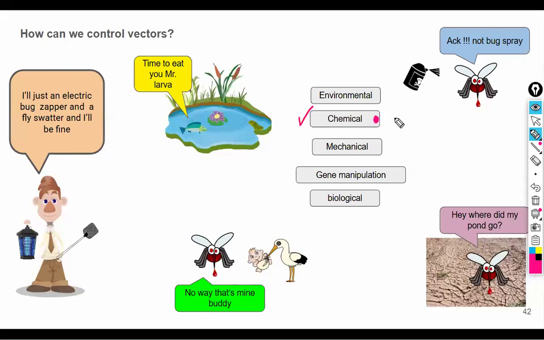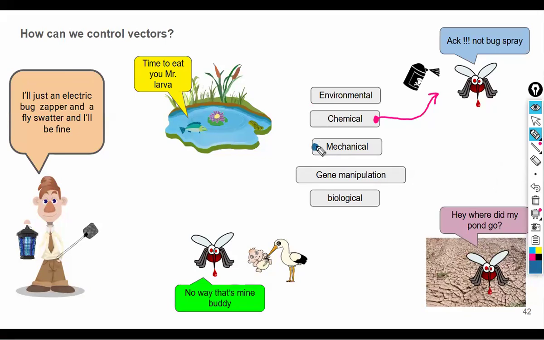So here I have an example of a chemical method of controlling vectors: bug spray. For rats, we could use rat poison, right? Rat poison is a chemical. All right, so what's another way we can actually control vectors? Chemical is one way. The next one that's easy to imagine is the mechanical method.